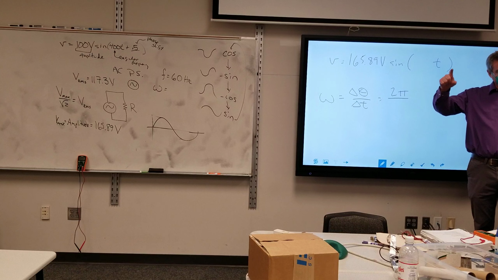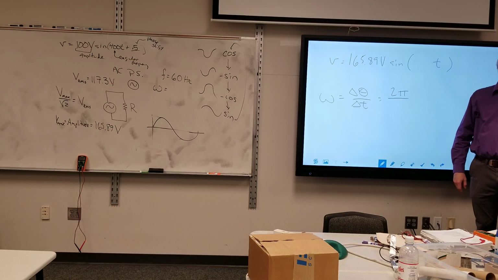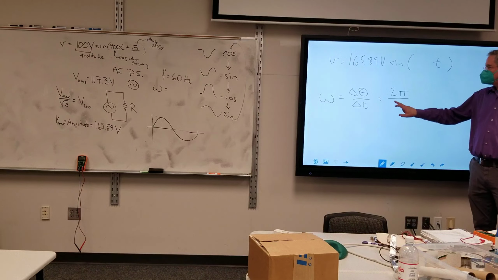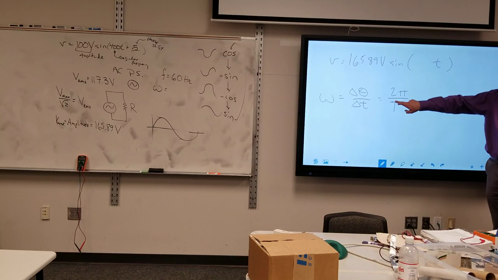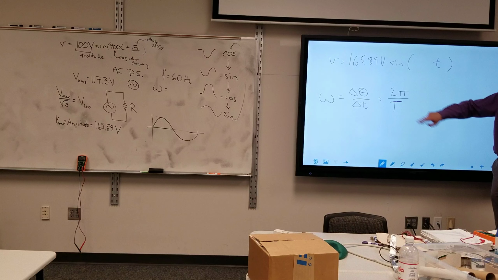And what's it called, the time it takes to go around once? The period? Yep. That's a capital T there. And so that's 2 pi times 1 over the period. What's 1 over the period? Frequency? Yes.